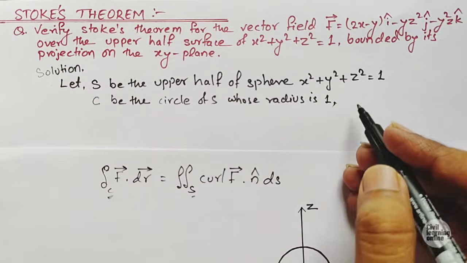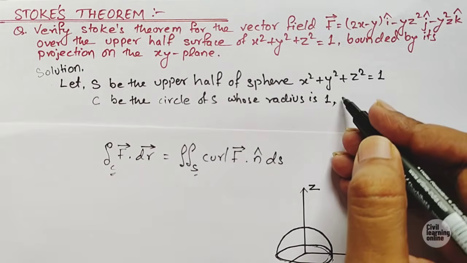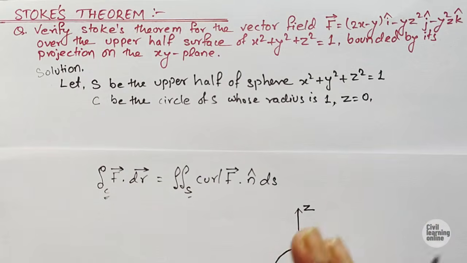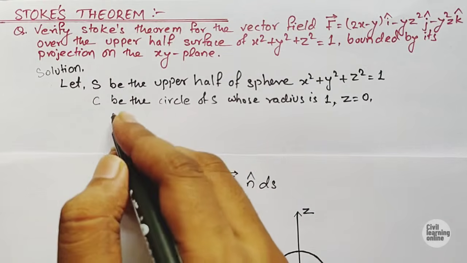And for this circle z is 0, so here z equals 0. Now we need to write the parametric form of x and y. It is simple.